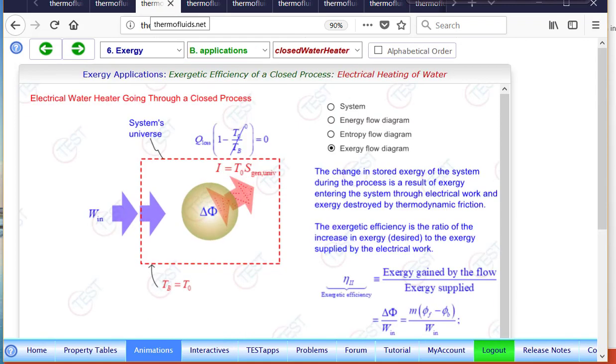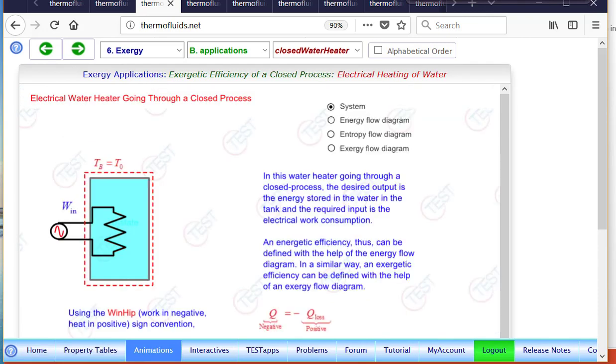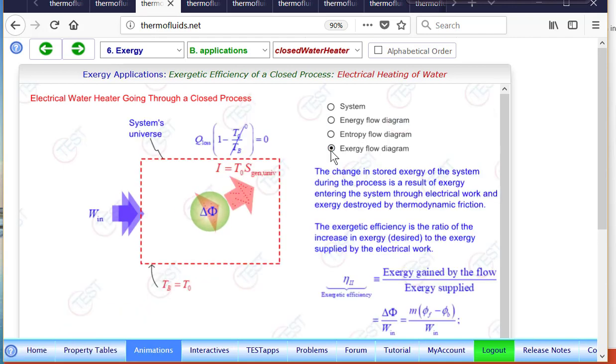For instance, this is a very simple closed process. It's electrical heating of water. And here's the system. We are just heating water with electricity. And these are different diagrams. I'll just jump to the exergy diagram. So in other words, electricity is pumping exergy into my system.